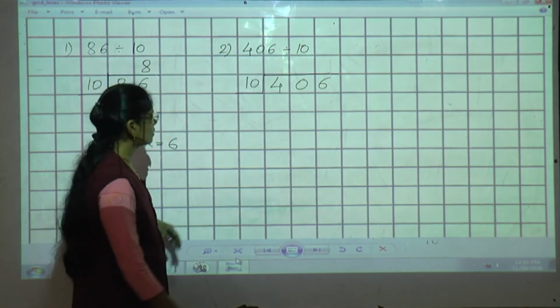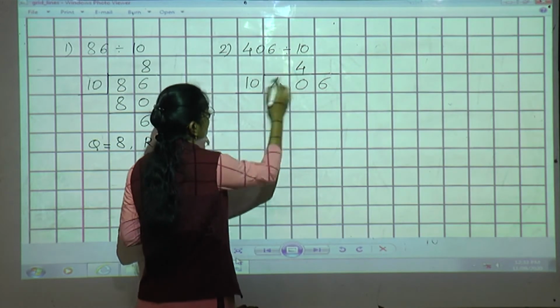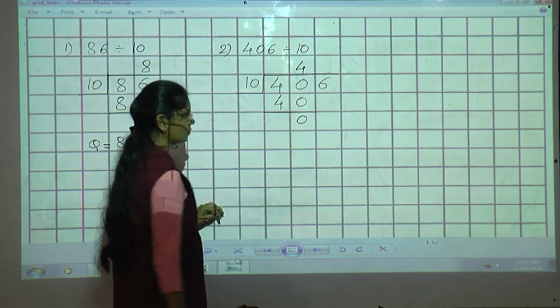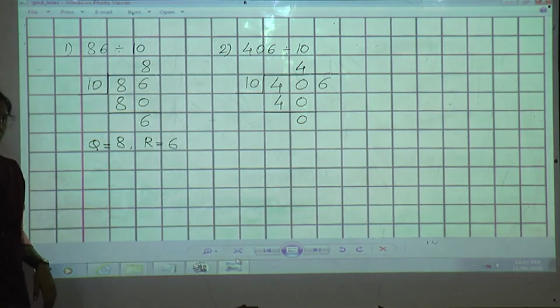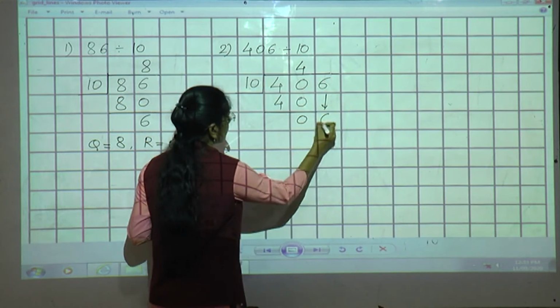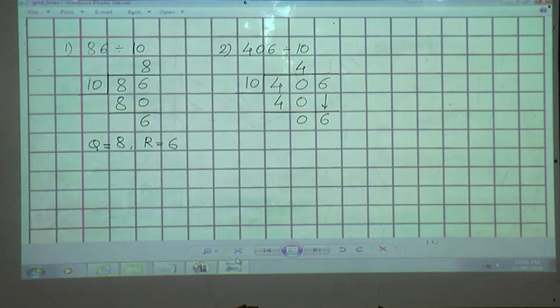Let us solve this example. 10 fours are 40. Now 40 minus 40 is 0. Now this 6 we have to take down. See, 10 is the divisor and here the next number is 6.